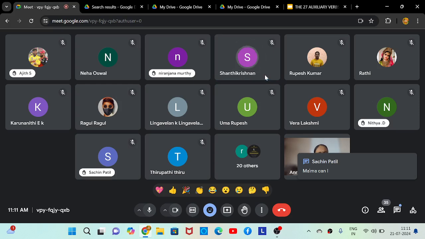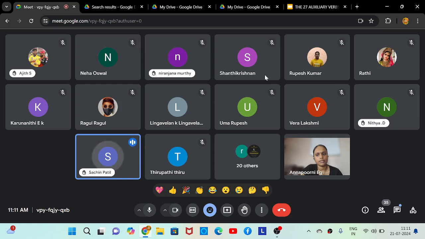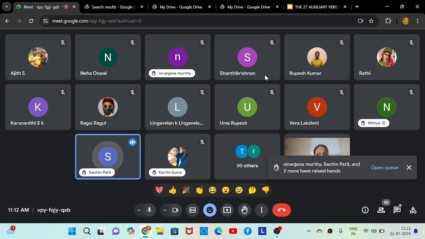Next is Sachin Patel. Decide, decided for regular, and different for irregular. I didn't get that irregular one. Can you repeat it?